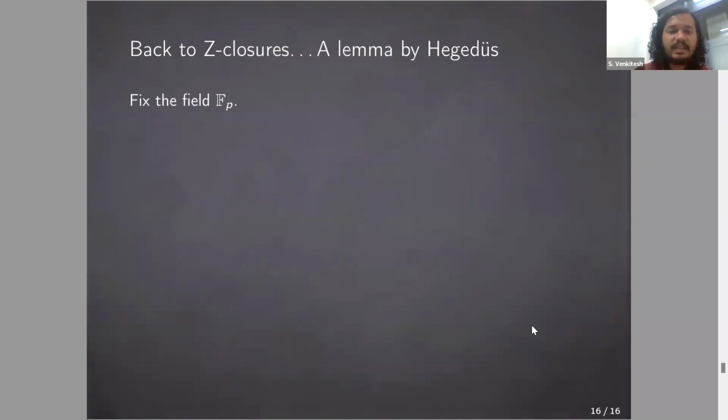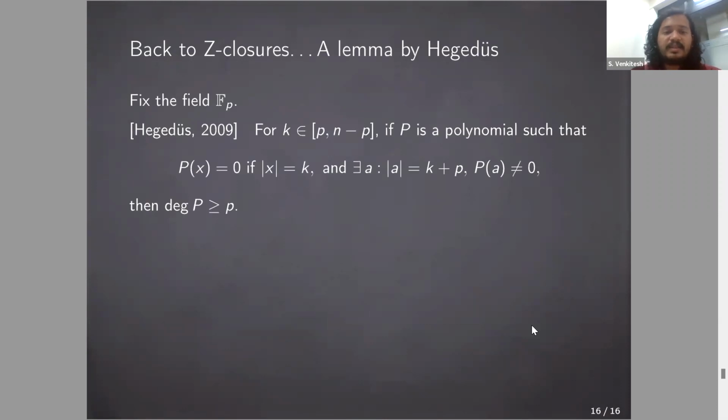Let's go back to the Z closures. There's another kind of statement that I wanted to present today. This is a lemma by Hegedus from 2009. Let's fix a field F_p.